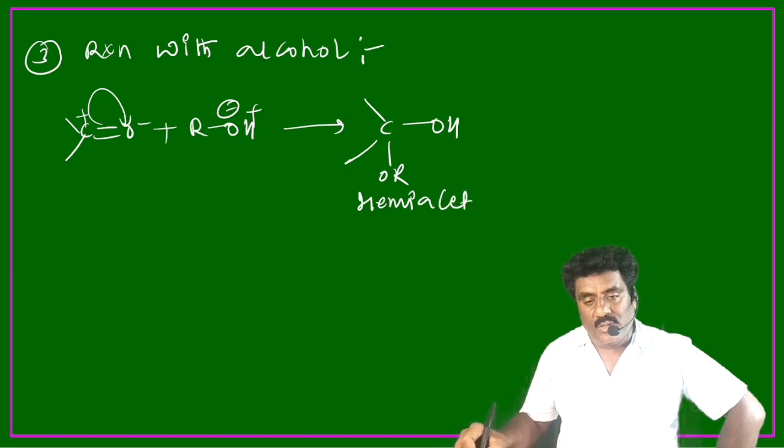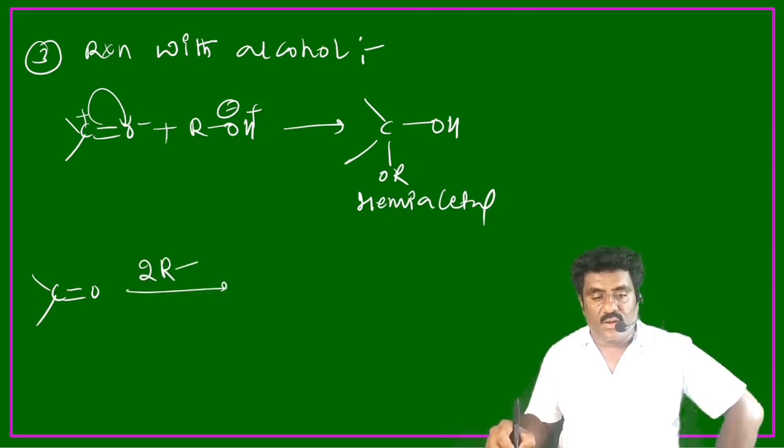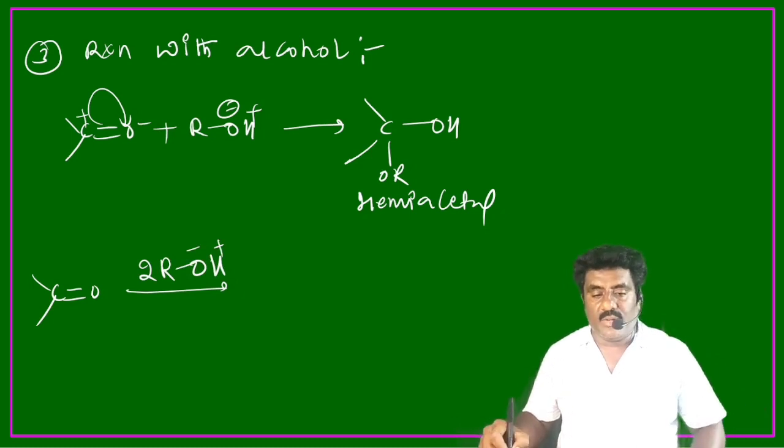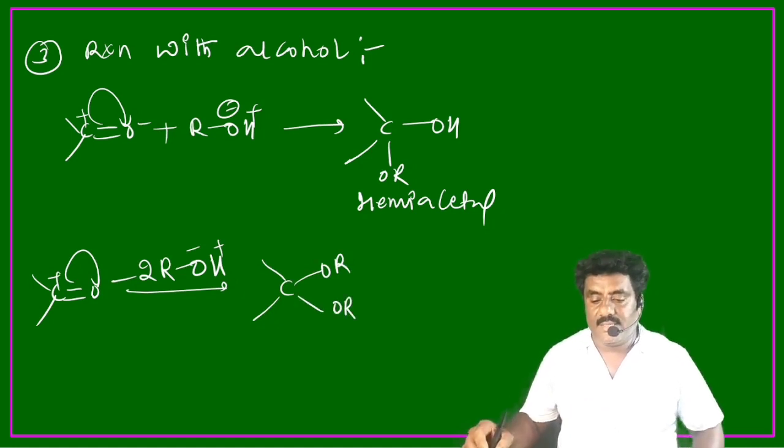Have a look at the same carbonyl compound in the presence of 2 moles of alcohol. What happened? The pi bond is shifted, positive, negative. It gives two OR groups. Yes, it is an acetal.